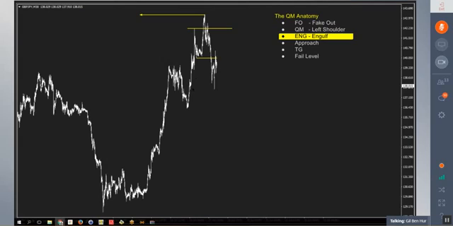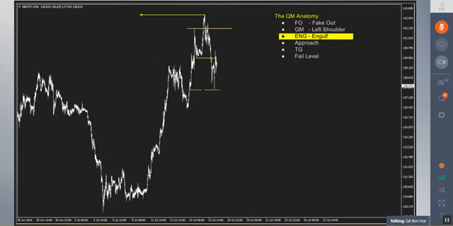Okay, is it target? Is it not a target? What is it? Is it supporting to go much higher or not? So this we need to discuss all the time and explain ourselves if we want to trade it.